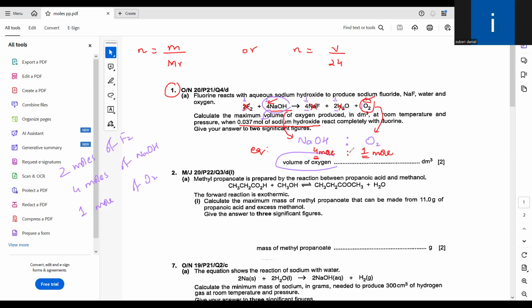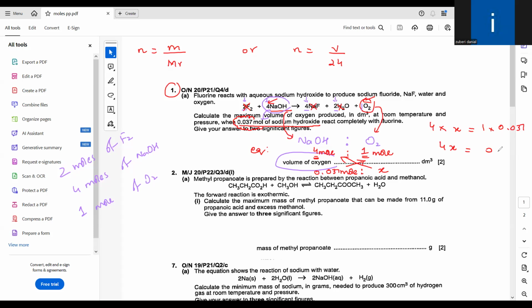Also, they want us to find the volume of oxygen, but in the question they specifically gave 0.037 moles of sodium hydroxide. So let's do some maths. We can write 0.037 moles of sodium hydroxide, and let's write X here. Now we can cross multiply it. Have you done this in maths? 4 multiplied by X, 1 multiplied by 0.037. Have we done that?